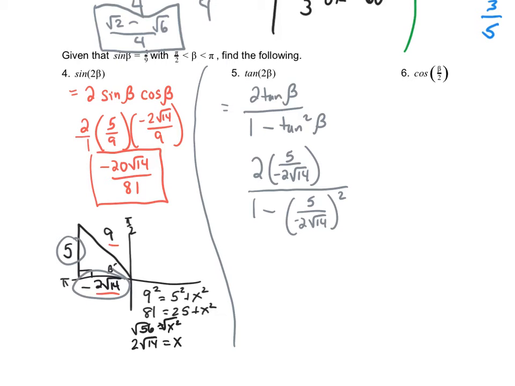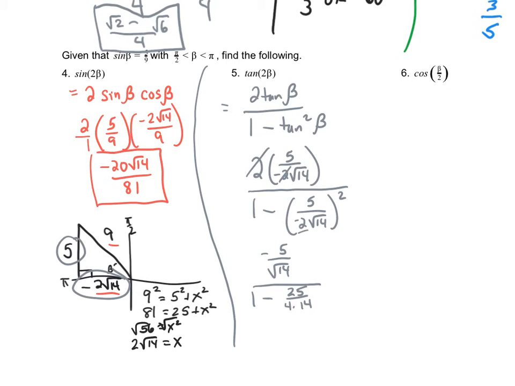So we got a little bit of simplifying to do here, obviously. I can cancel the 2 with that 2. So that's going to give me negative 5 over radical 14. And on the bottom, I'm going to get 1 minus 25, because 5 squared is 25. And on the bottom, I'm going to get 4, because negative 2 squared is 4, times 14.